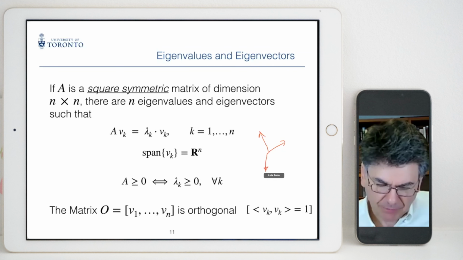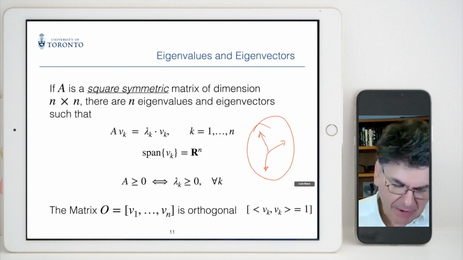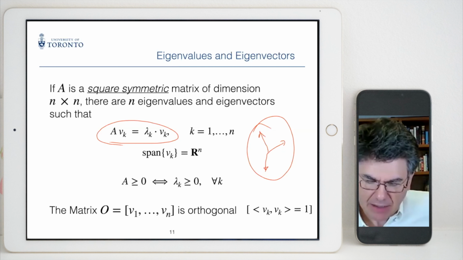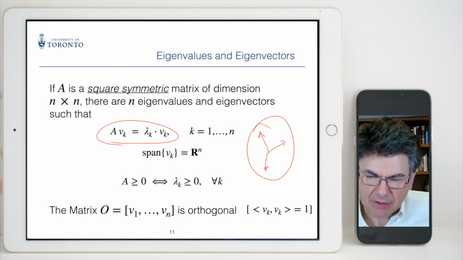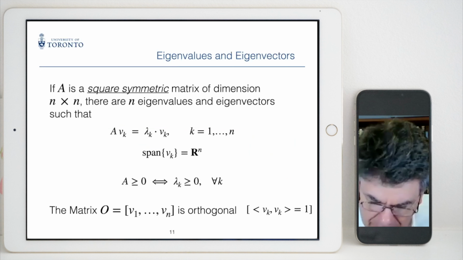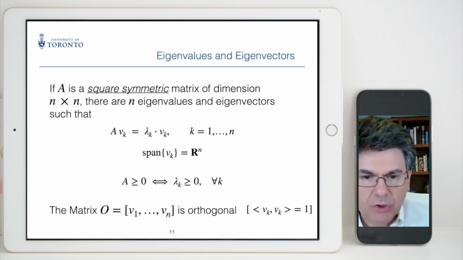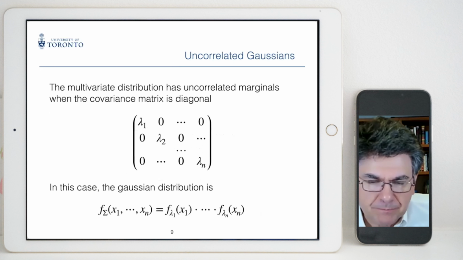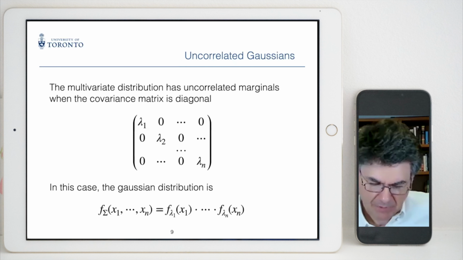And in that, my matrix is going to be diagonal. In other words, this is interesting because it says that what we saw here for the Gaussian distribution is something that I can always obtain.